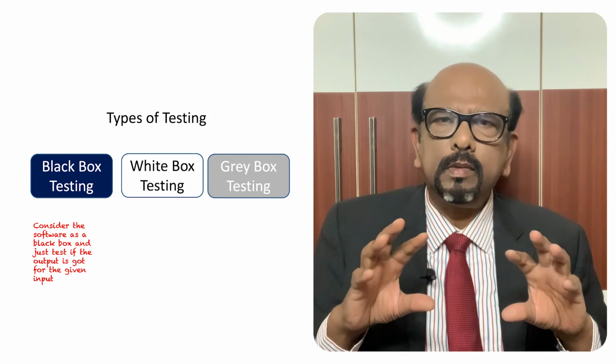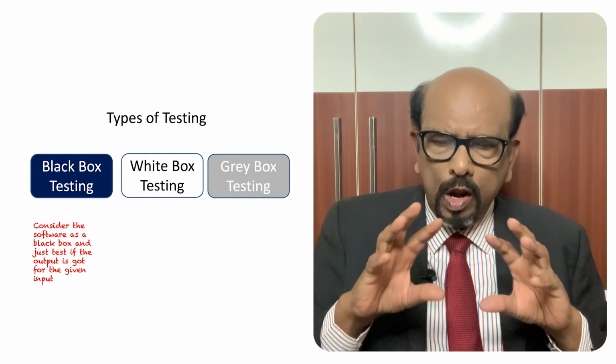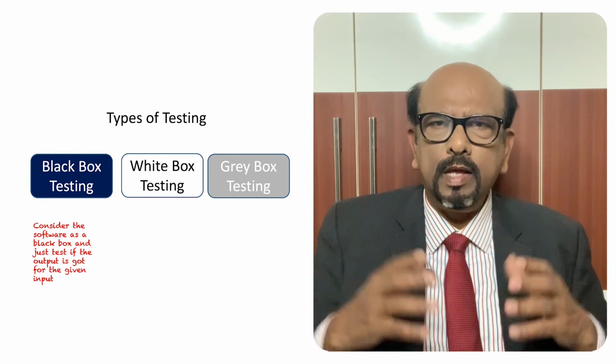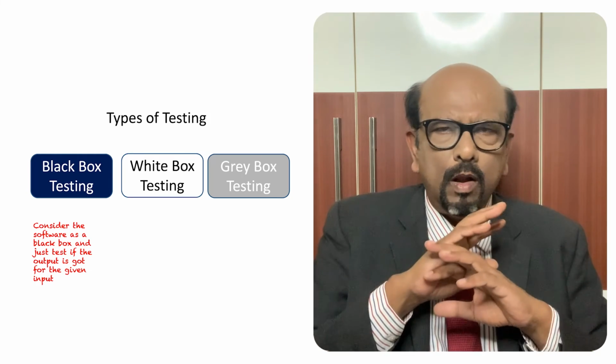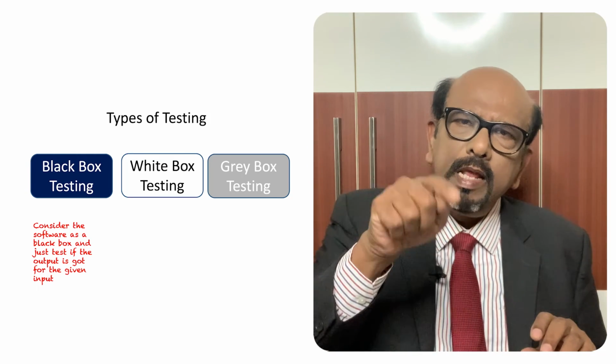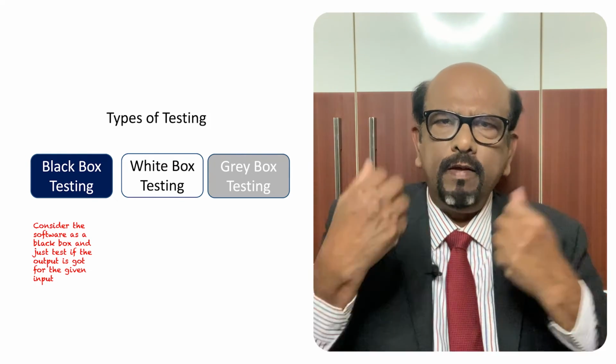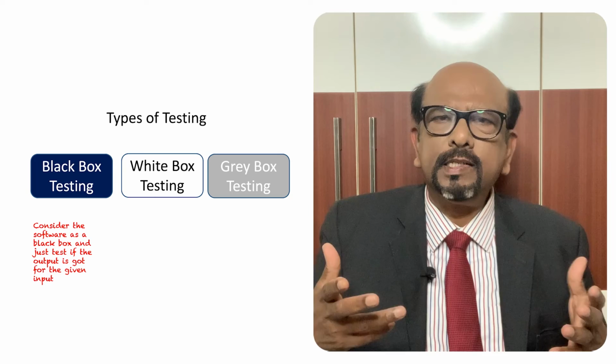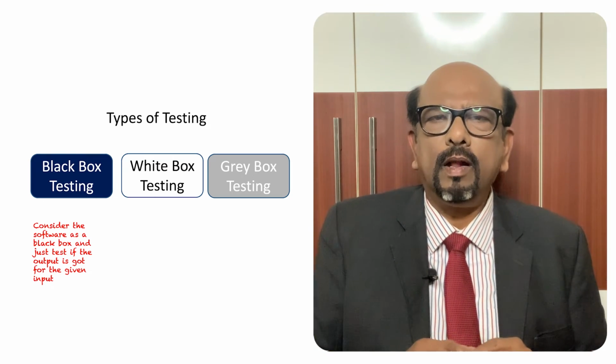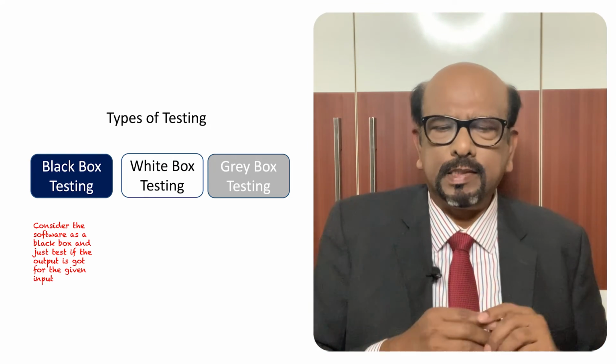In some companies, they do only black box testing. So the testing team will not bother about what is inside the code. So they will just give this input and verify whether you get the output. If it doesn't get, they will say that it is not. So that is called black box testing.